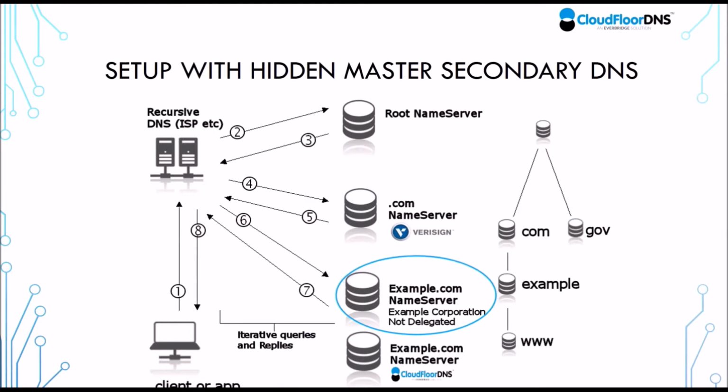So here again is the setup with the hidden master secondary. You can see here in the blue circle that the example.com name servers are run by the corporation, but they're not in the delegation. So Cloudflare would do all the heavy lifting, and if Cloudflare had some issue or was degraded, you could add your name servers into the delegation and you'd have both of us answering.